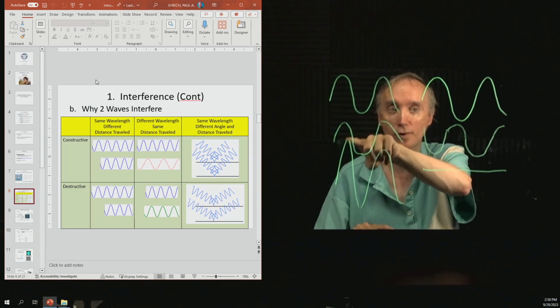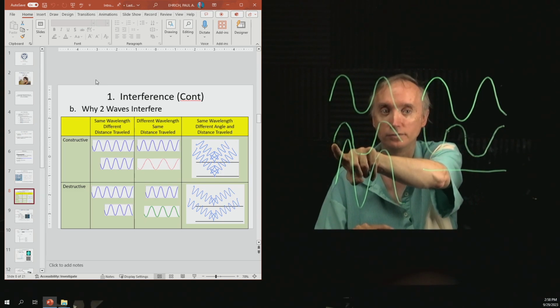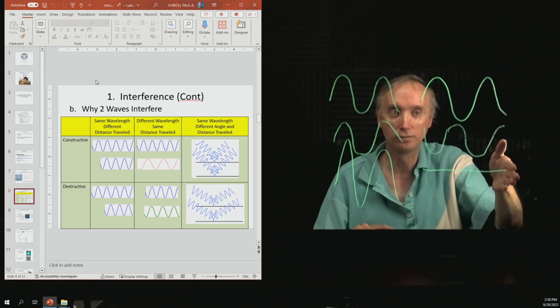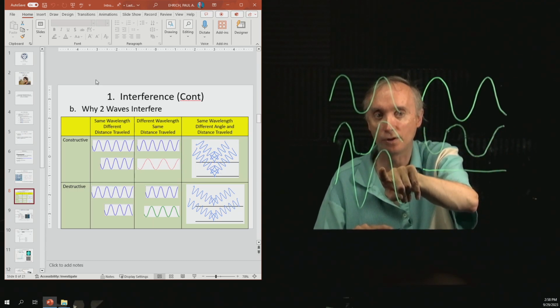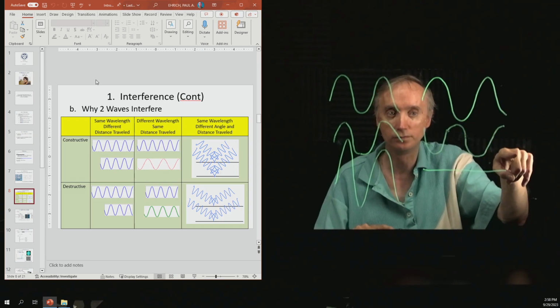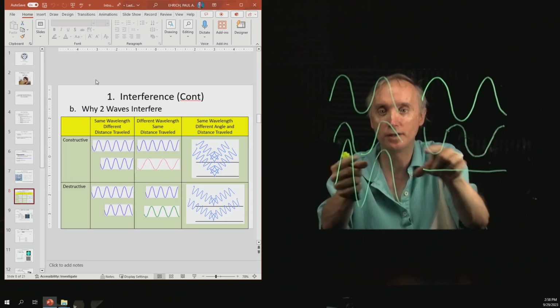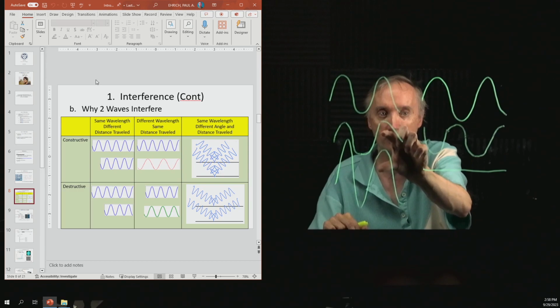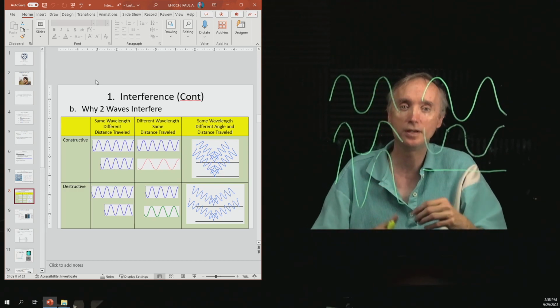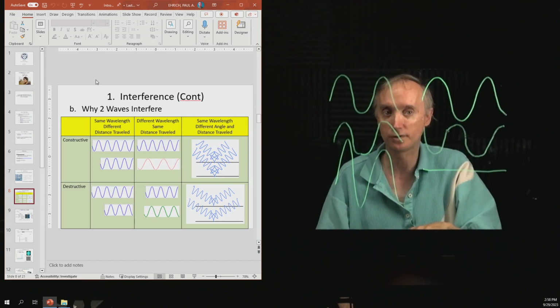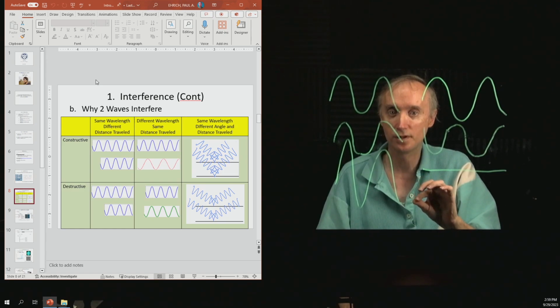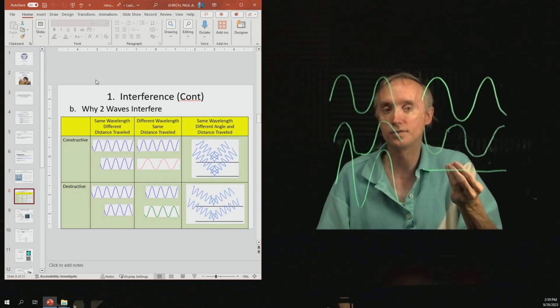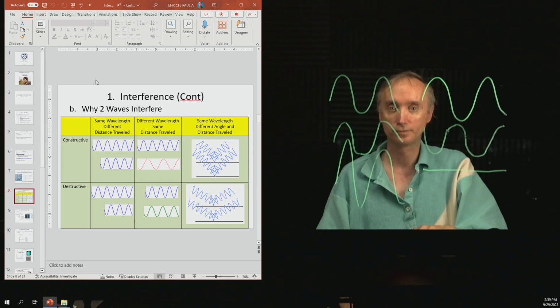So one light ray might start over here and travel to the wall, but another light ray might start here and travel to the wall. Well, it's possible, depending on where the light starts from, that it could end up being either constructive or destructive. So distance determines whether it's constructive or destructive.